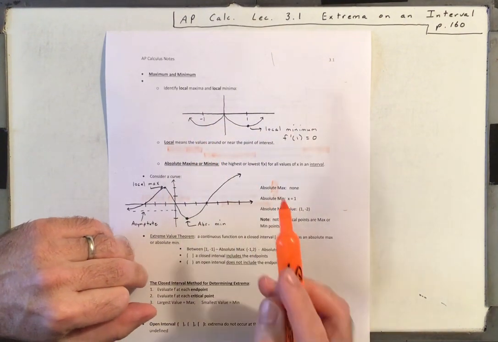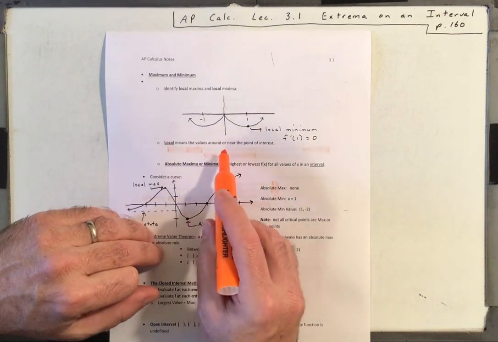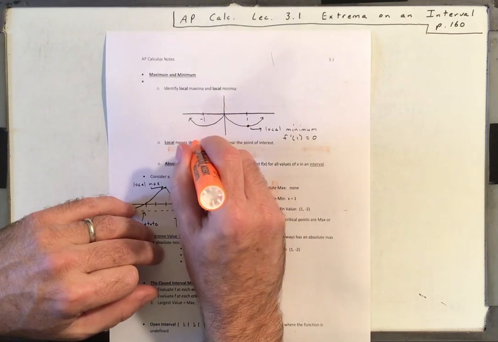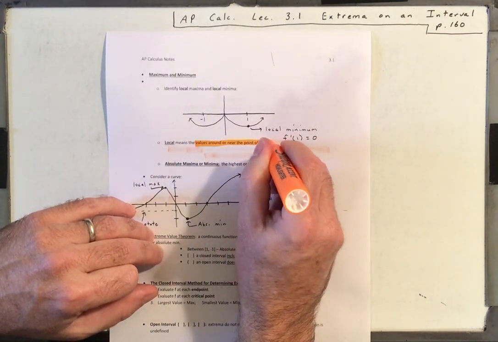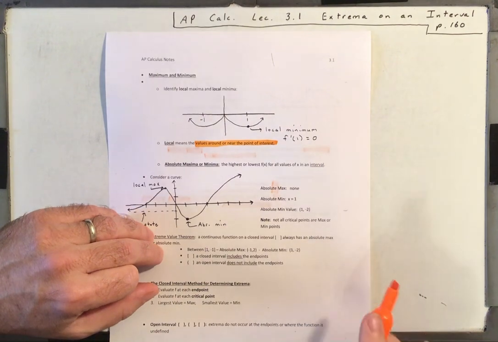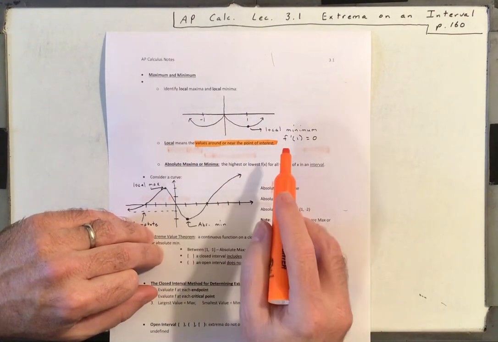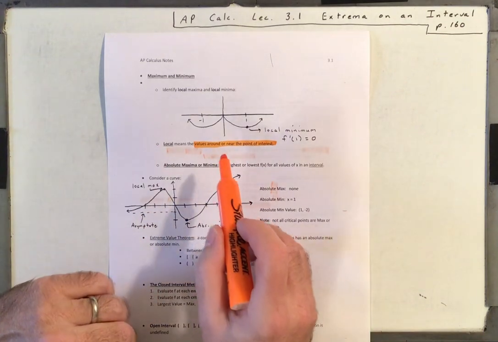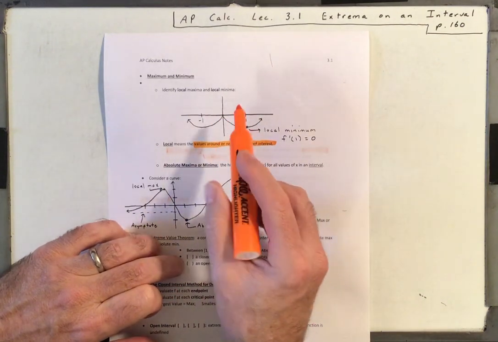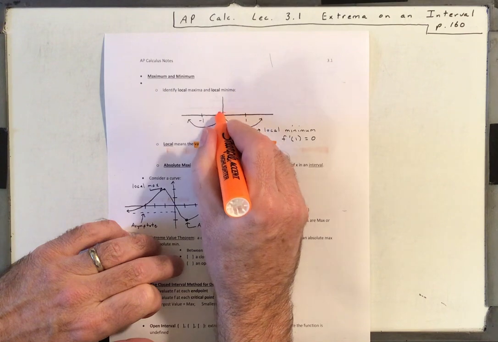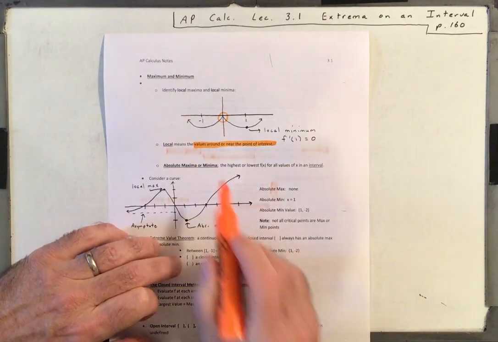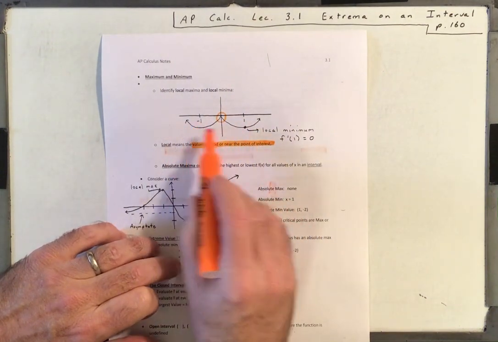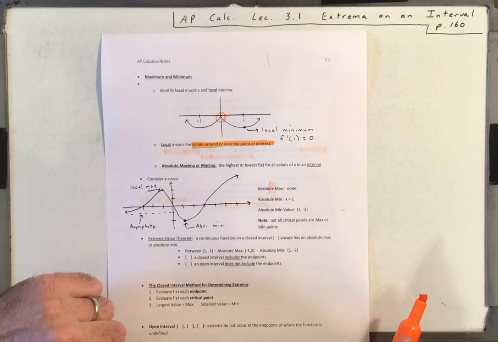Local just means values around or near the point of interest. I didn't put a max. Well, I guess a max here. The max would be here at 0 for this little section, let's say between -1 and 1.